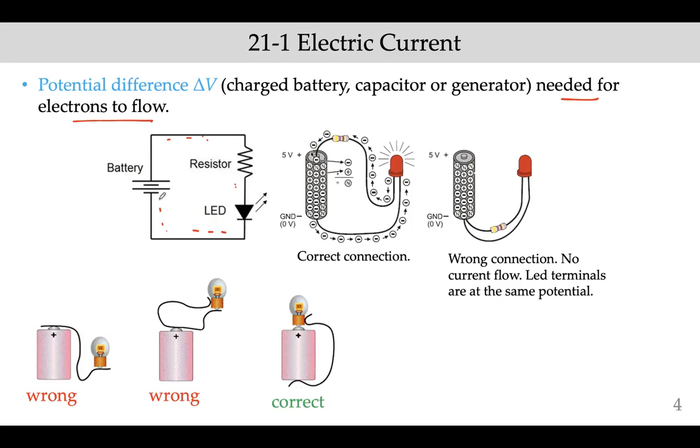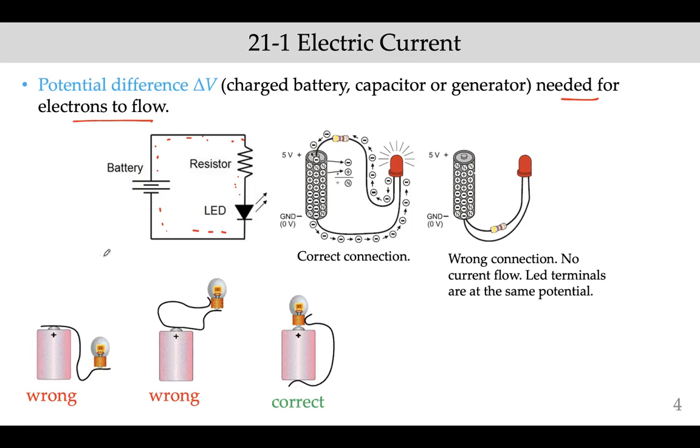Notice that the battery does not create charges. The charges are fixed. The number of electrons on the wire is fixed. The battery does not create electric charges. It just moves them, just like in the case of water in a hose.